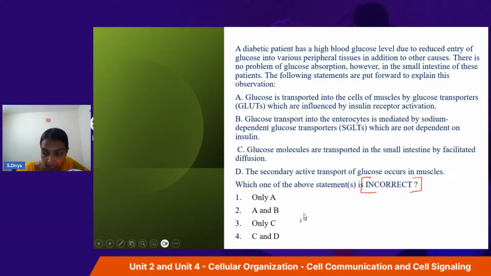I can see miscellaneous answers coming up. You have to identify the incorrect statement over here. Read the question carefully before giving the answer. Incorrect statements.